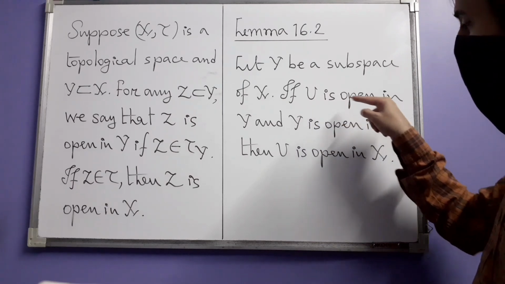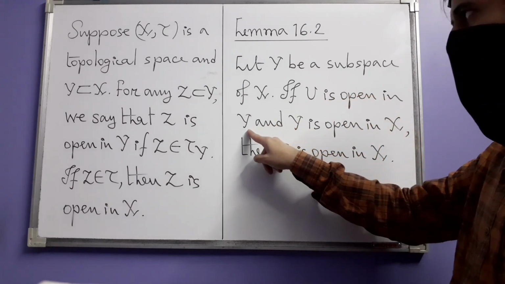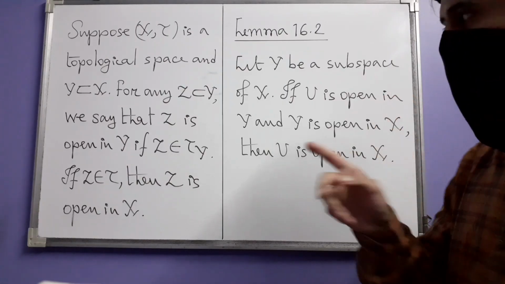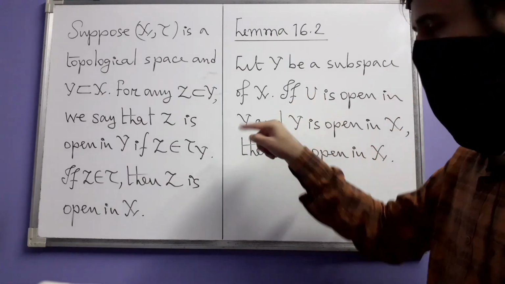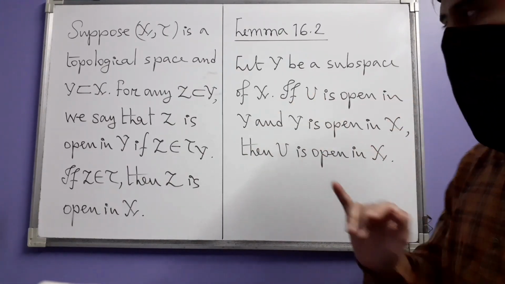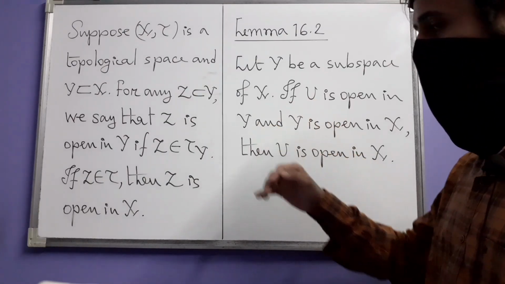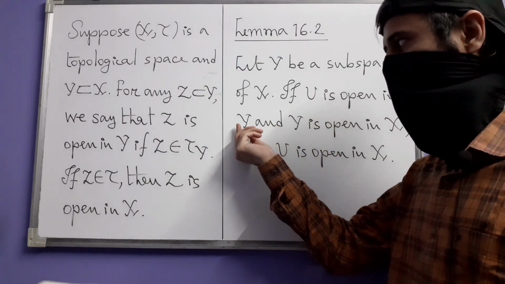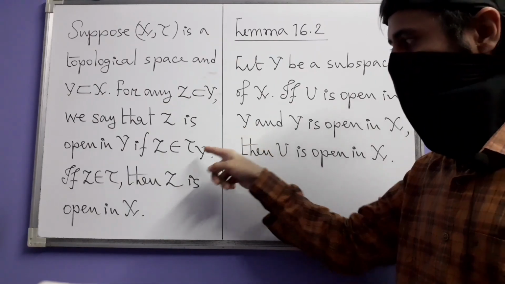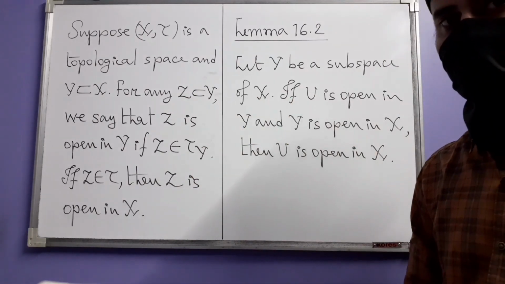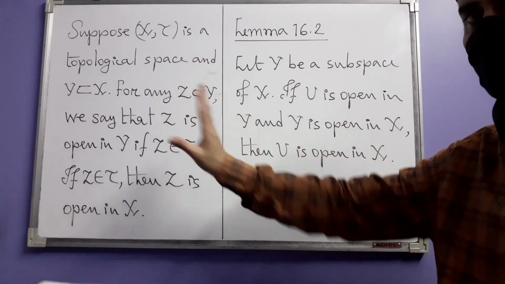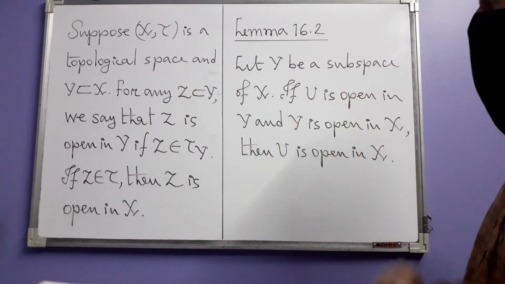If U is open in y, this means two things. First of all, U is a subset of y, and the second thing is that U is open as a subset of the topological space y. What is the topology on y? The subspace topology tau y. Although we do not really see tau here, we have to name those things, but that's the meaning.